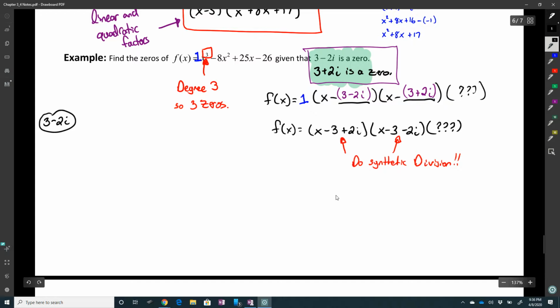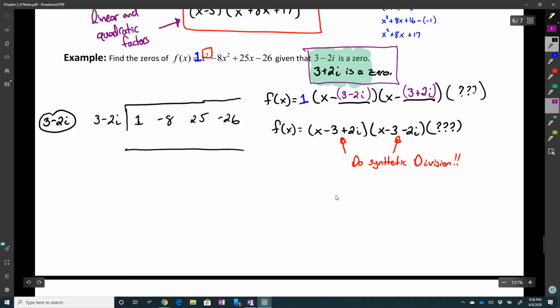The first one I'm doing is 3 minus 2i, and the coefficients are 1, negative 8, 25, negative 26. When I do the synthetic division, I already know I'm going to get 0 at the end. If you don't, it means that you made a mistake, or that I lied to you when I told you it was a zero.